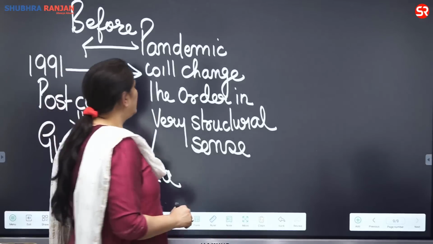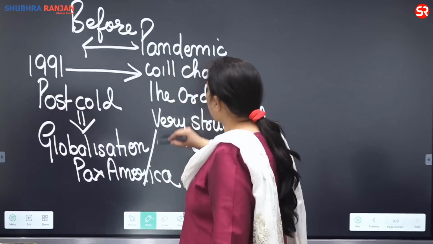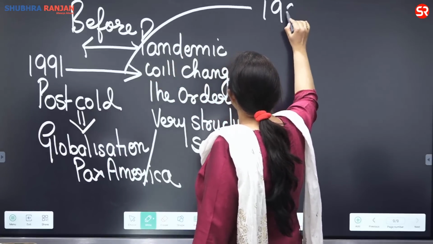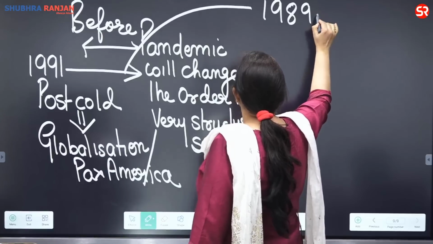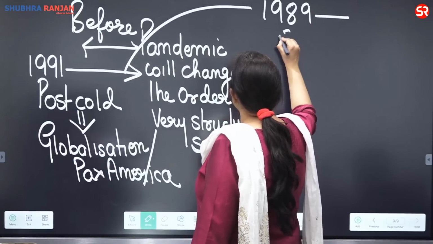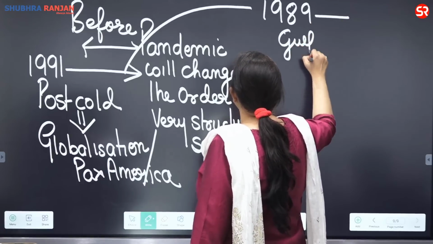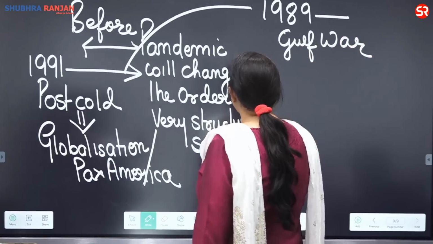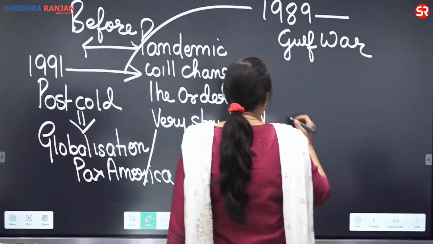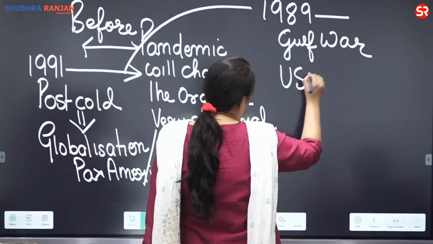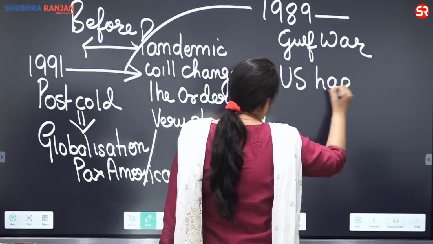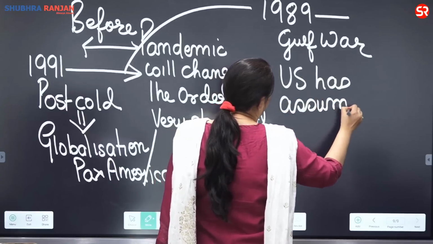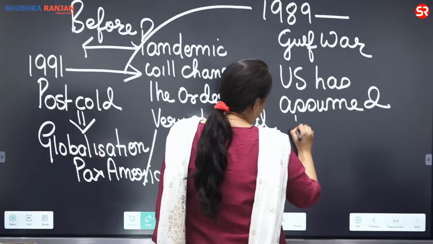And this world order and its beginning can be seen in 1989, when during the Gulf War the US assumed the leadership.